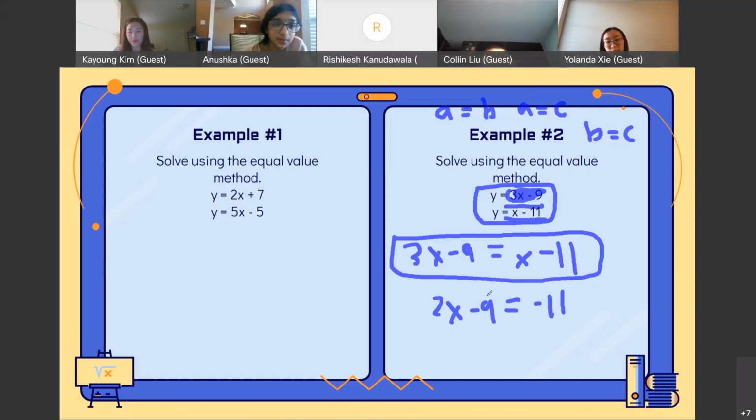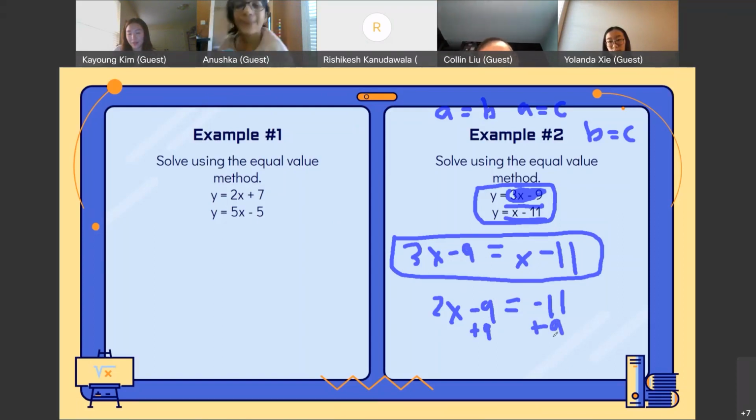So now I want all the numbers on one side as well. So would that mean 2x would be equal to negative 2? Yeah, that's right. Would negative 2 minus 9 be negative 11?